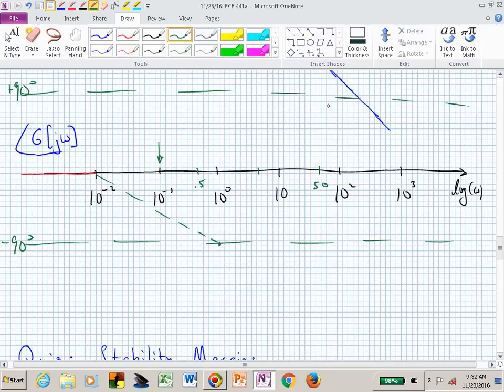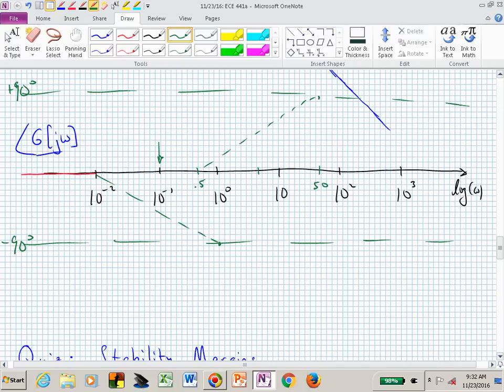And it's going to be plus 90 in the positive direction as opposed to minus 90, and that's now the piece due to the zero at 5. Did I locate it okay?